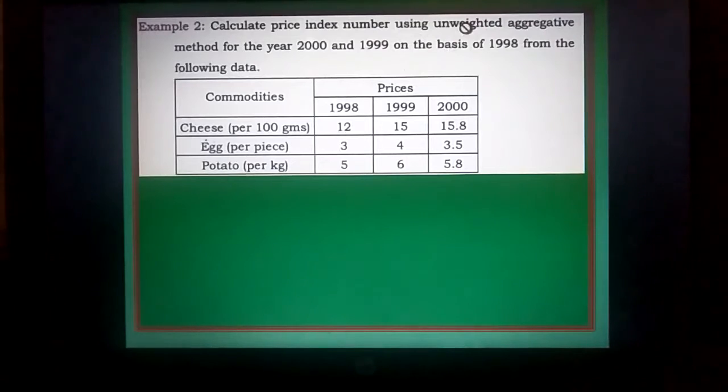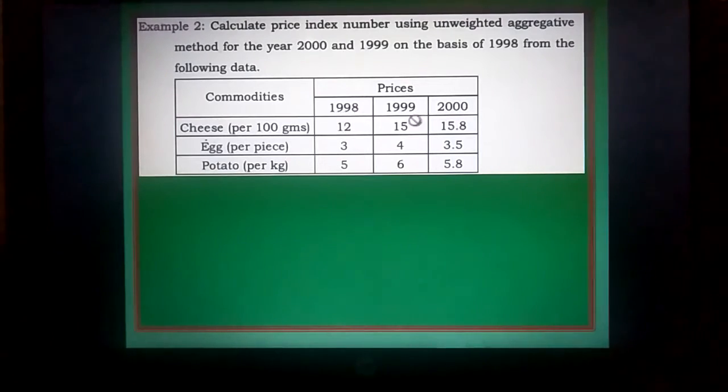Unweighted in the sense simple. It is the simple aggregative method to be used. For the years 2000 and 1999 we have to calculate index number as compared to 1998. That means one index number we want for the current year 1999 with base year 1998, and one more index number to be calculated for 2000 as the current year compared to the base year 1998.